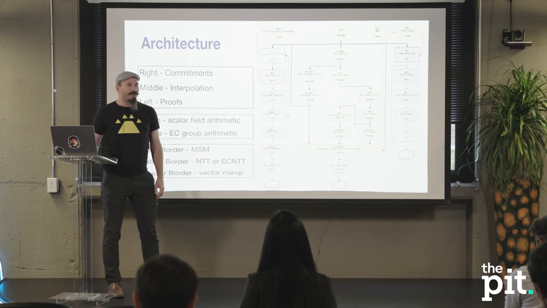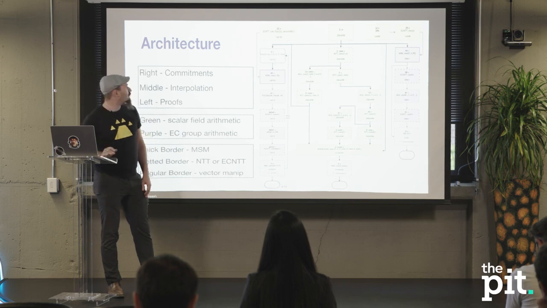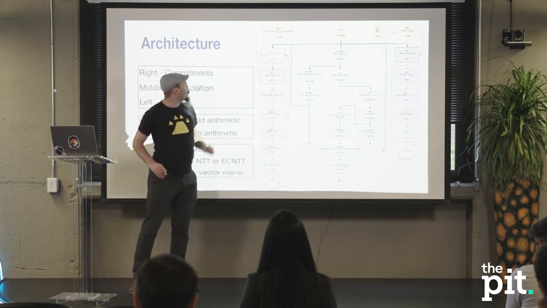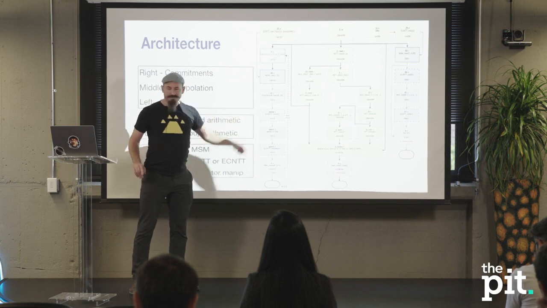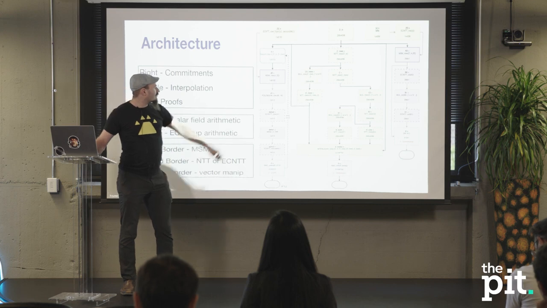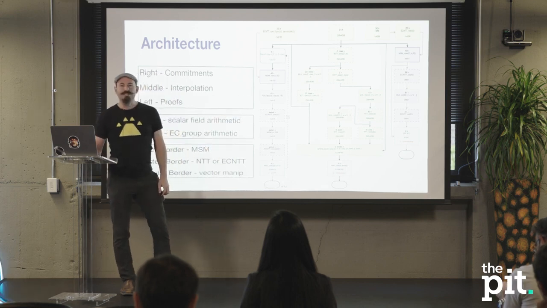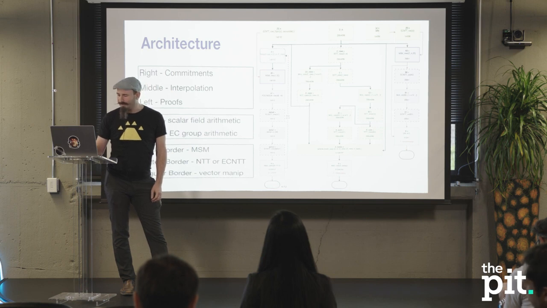And the border for each block tells you what computational primitive we're using. If it's a thick border, such as here, we're using MSM. If it's a dotted border, this is NTT or ECNTT, and a regular thin border would be some sort of vector manipulation, which is in general linear.